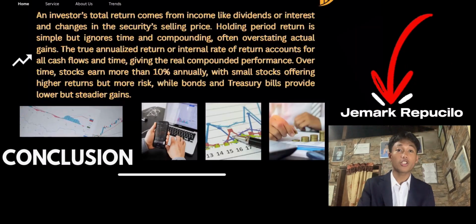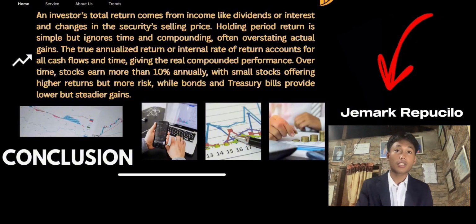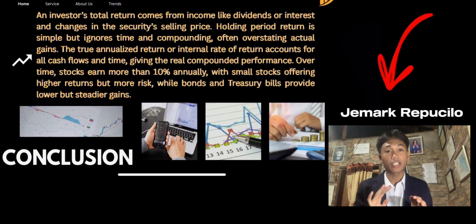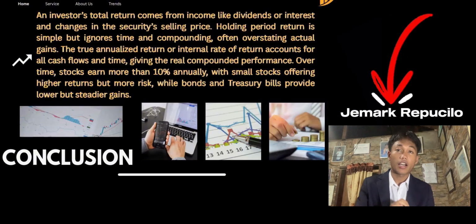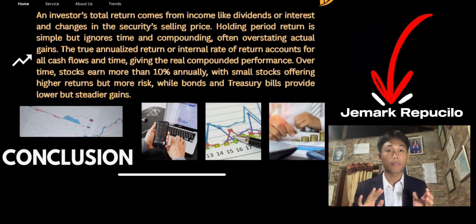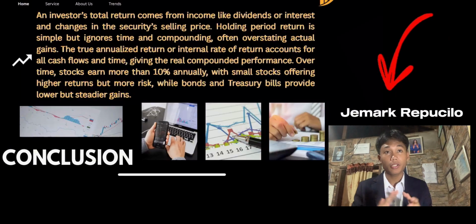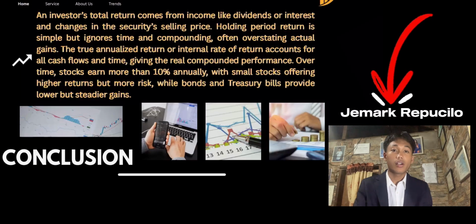So let's have the conclusion. An investor's total return comes from income, like dividends or interest, and changes in the security's selling price. Holding period return is simple but ignores time and compounding, often overstating actual gains.